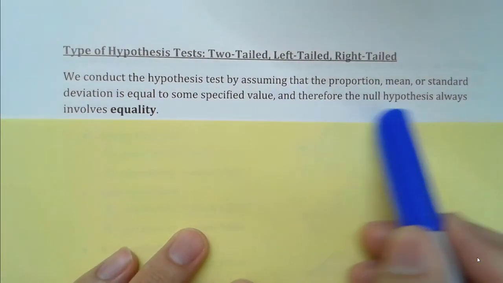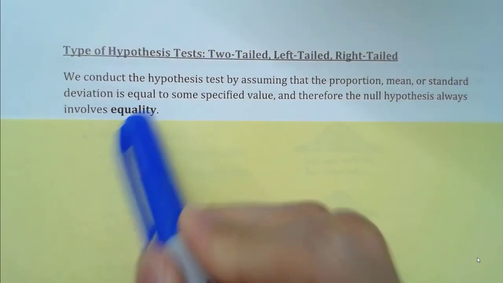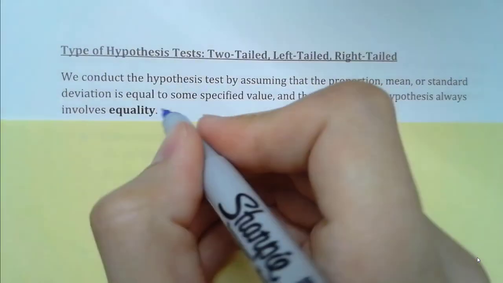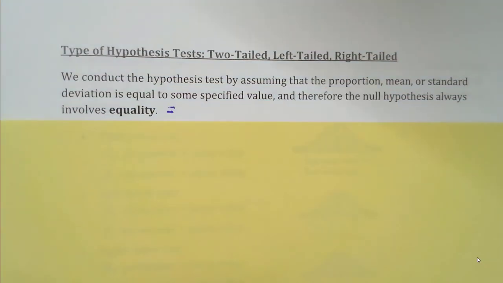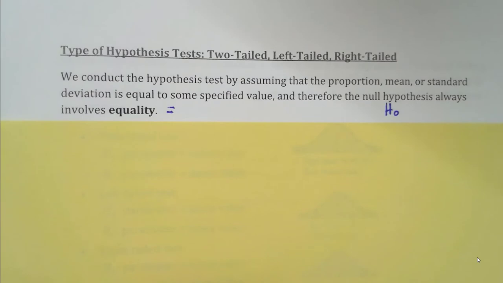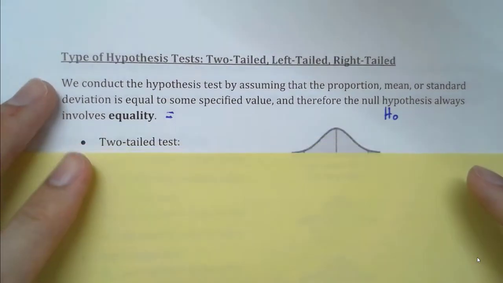And therefore, the null hypothesis always involves equality, or the equal sign. So we assume that the proportion, the mean, or the standard deviation is equal to some existing value. So the null hypothesis, H0, always involves equality or the equal sign.